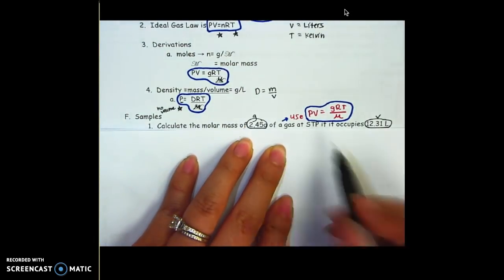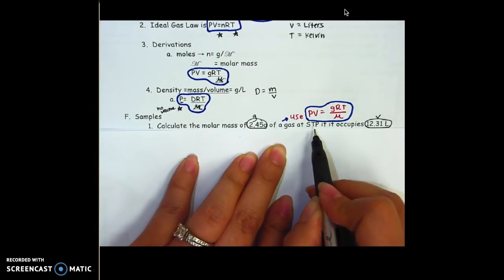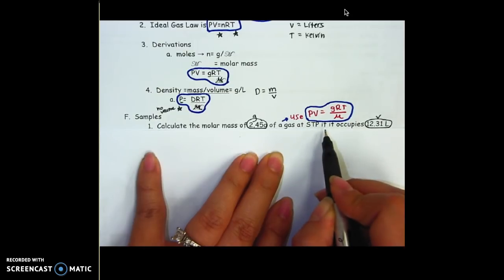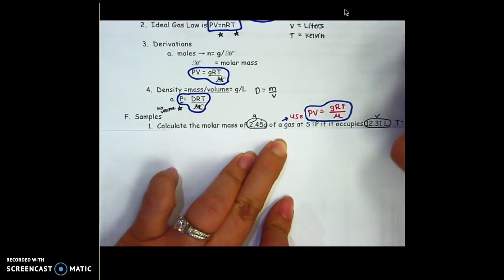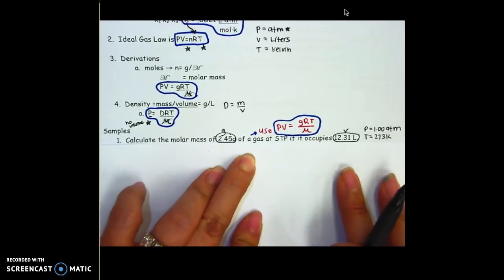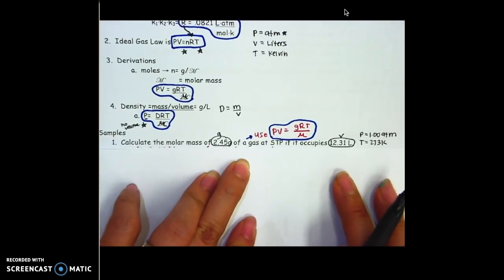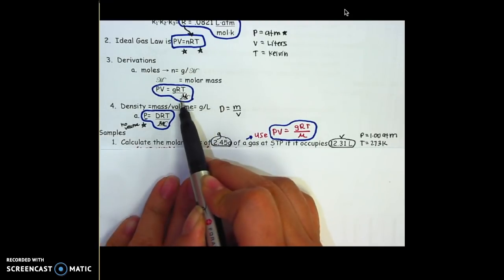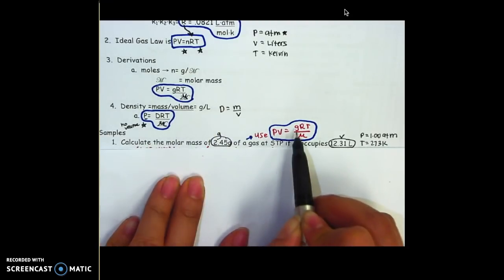I also know that this is at STP, and STP, you guys remember, is standard temp and pressure, so the temperature is 273 Kelvin, the pressure is going to be 1 atm. Now ask yourself what equation you should be using here. You're picking between NERT, GERT and DIRT, but because I have grams, I know I'm going to use my GERT equation. So I need PV is equal to GRT divided by molar mass.